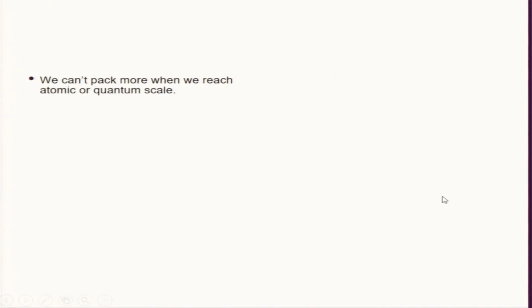So the thing is, we cannot pack more when we reach the atomic or quantum limit. We are close to saturation, but that doesn't mean speed will go out. There are always clever ways to do it. People always come up with clever stuff.